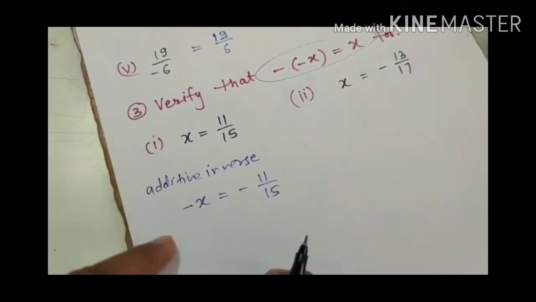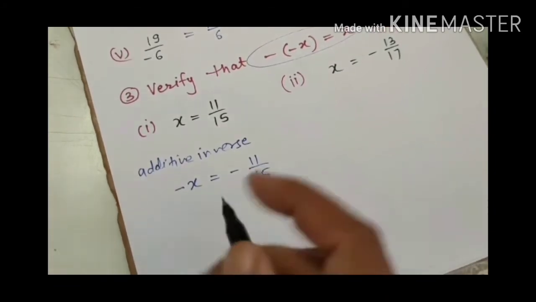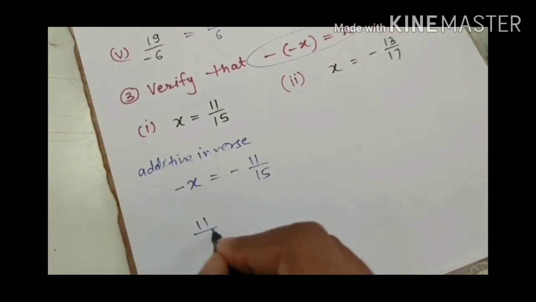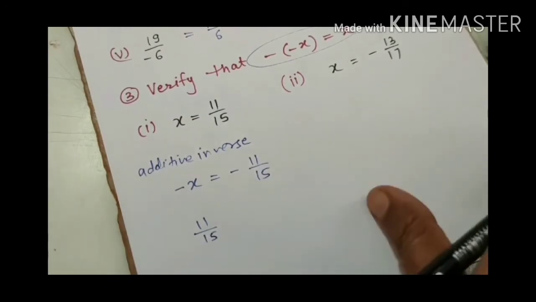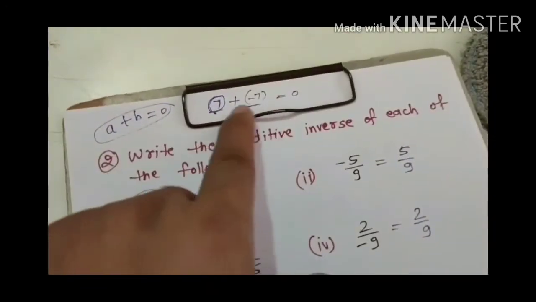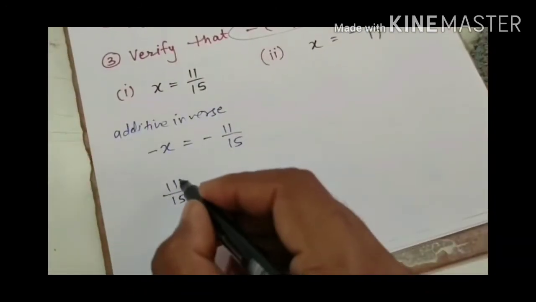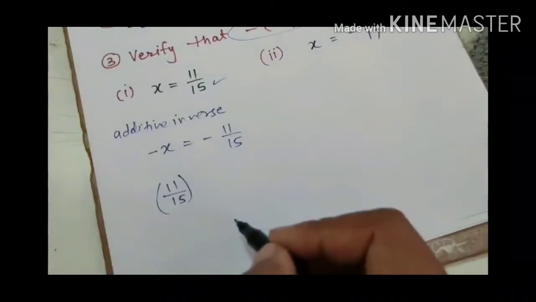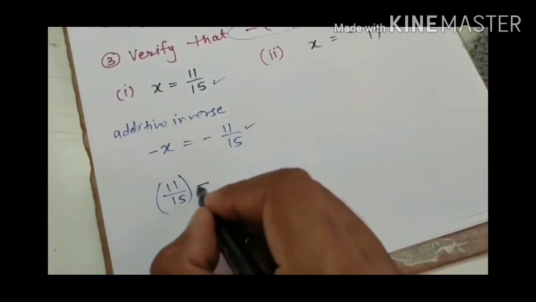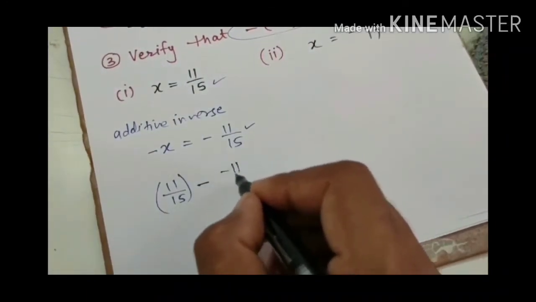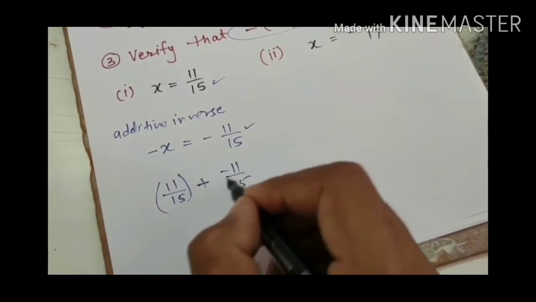So first x equals 11 by 15, then what will be the minus x? Same, minus 11 by 15. See, I said that additive inverse, whenever you add any two numbers, the answer should be 0, then we can say that number is the additive inverse.